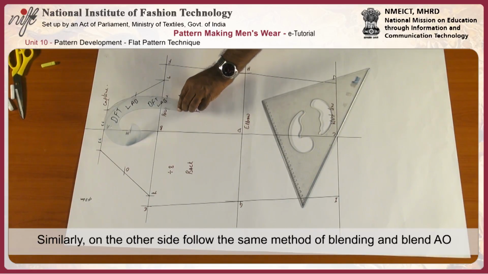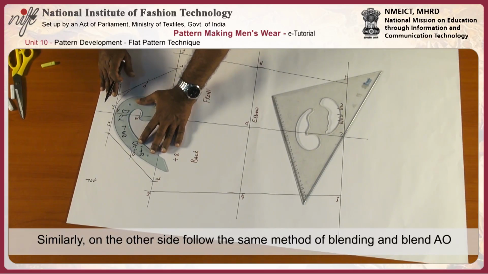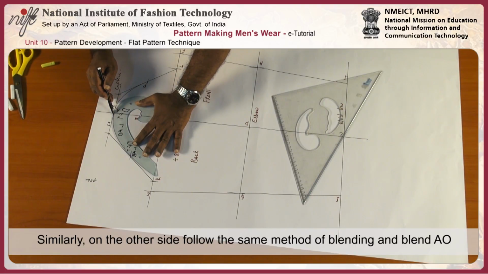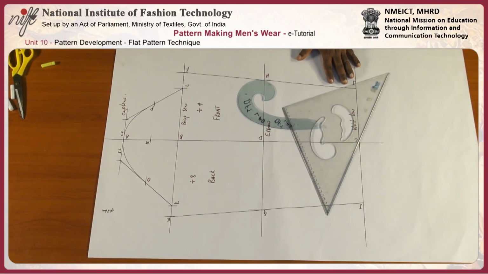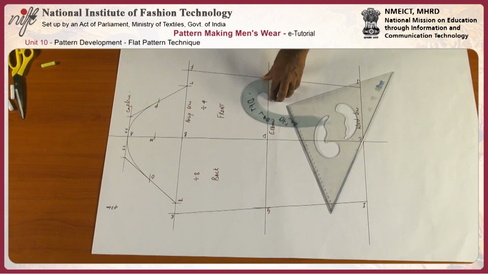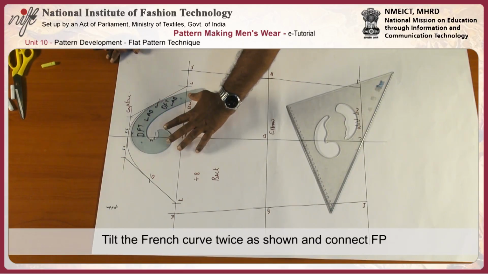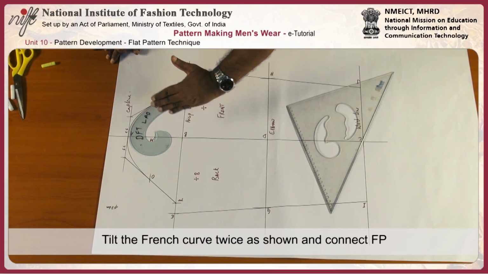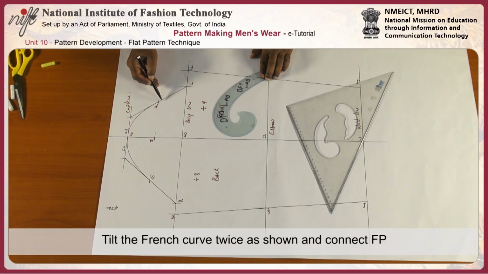Now turn it to the other side and follow the same method of blending point A to point O. Earlier I kept it like this and took point A approximately 1/4 inch straight from point A and connected to point P with again a straight line.